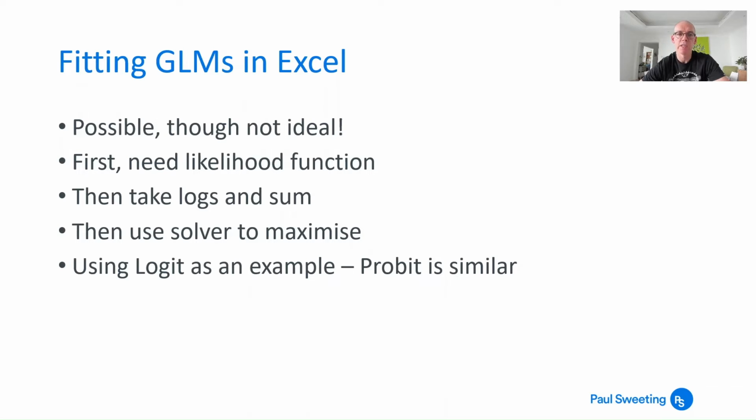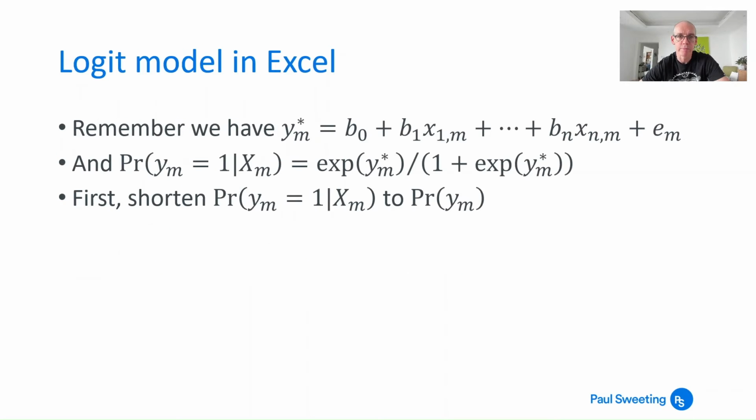You then log it and sum it, then use the solver to maximize your likelihood function, and that gives you your parameters. I'm going to use the Logit model here as the example. The probit model is very similar, and I'll run through each of these in a sequence so you can see what's going on.